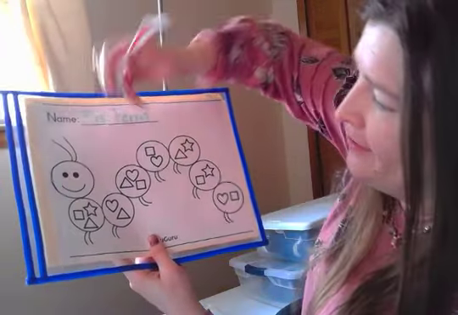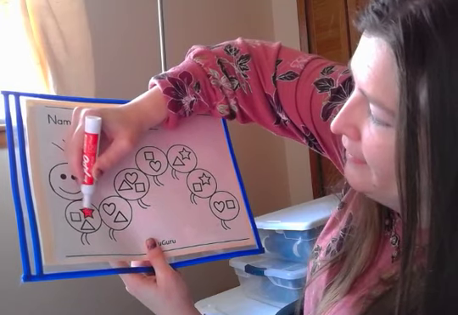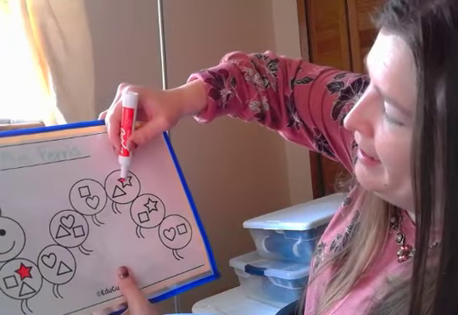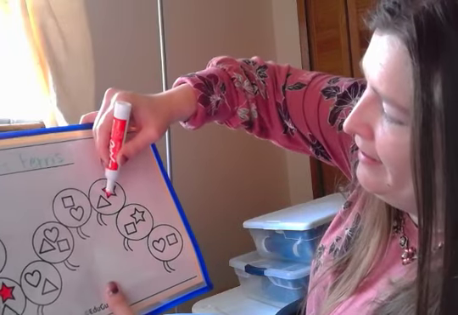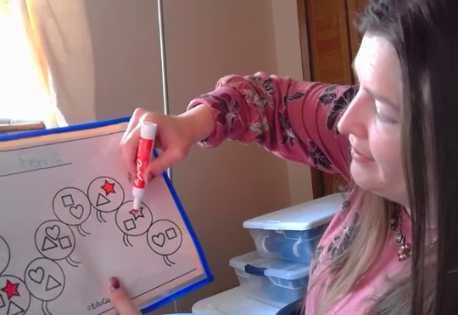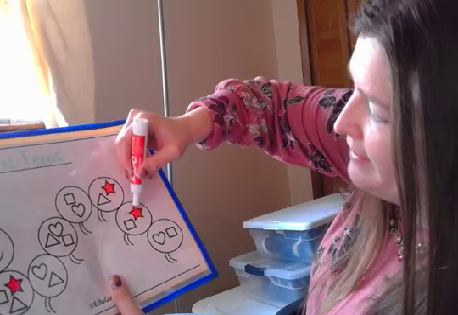I see underneath his smile, here's a star right there in the first circle. And I see a star way over here on this side. And then there's a star right there. Okay, so we made red stars.